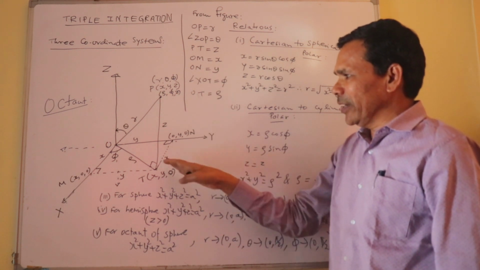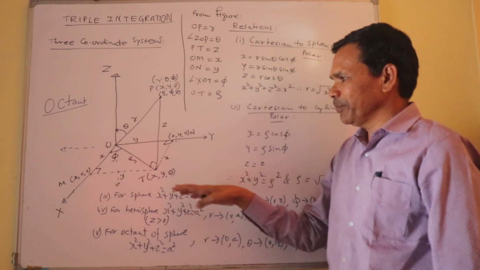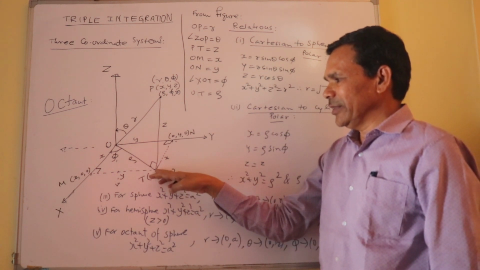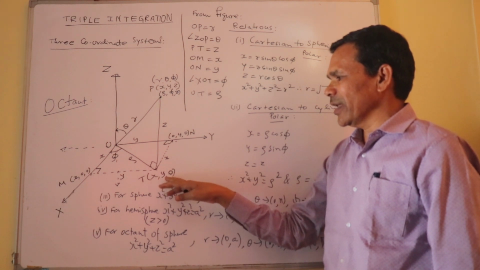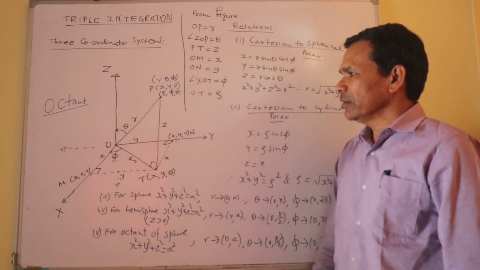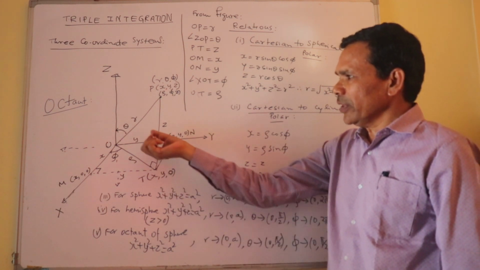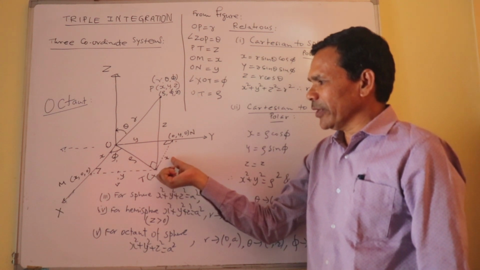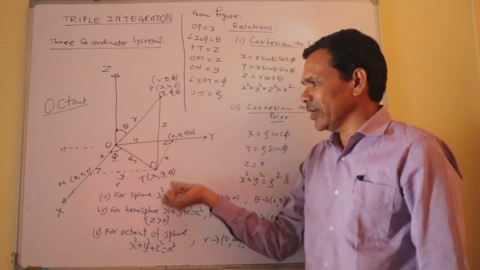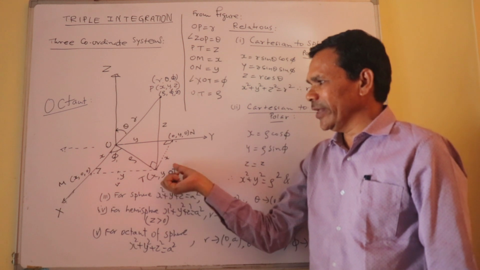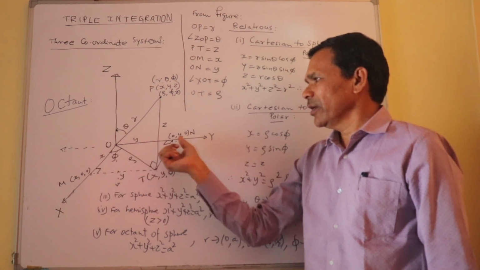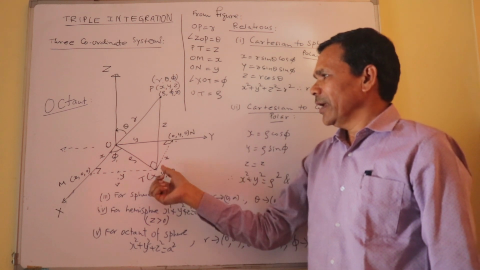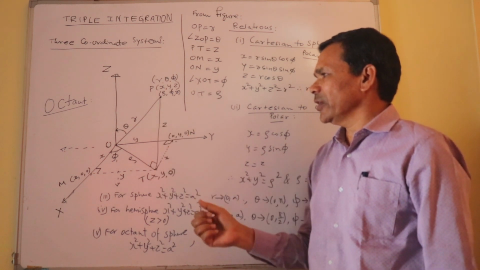Now I draw a perpendicular in the XOY plane, so that is at T. T is the foot of the perpendicular. Its coordinates are x, y, and 0. Here, if you observe the significance of x, y, and z: x means it is OT, then TM is y, similarly ON, and PT is equal to z.